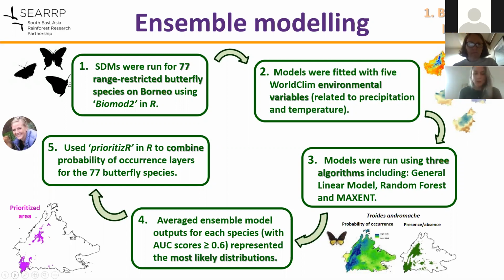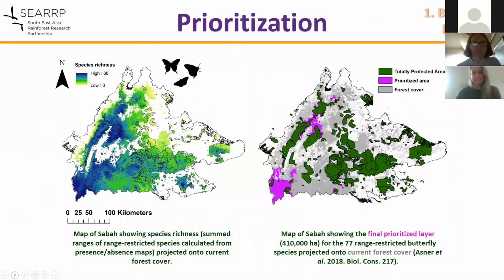Then Sarah Williams from Montana took these probability of occurrence layers for each of the 77 butterflies, put them into Prioritizer in R, and came up with an overall prioritized area that was most important for butterflies. And that's the purple area shown on the map on the bottom left of the screen. So next slide, please, Alice.